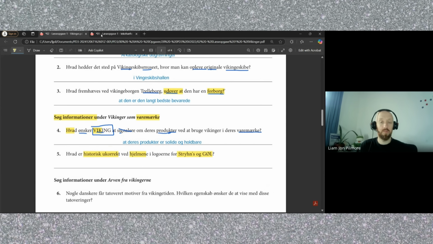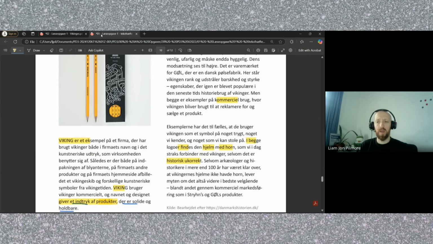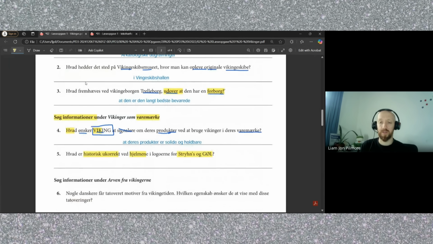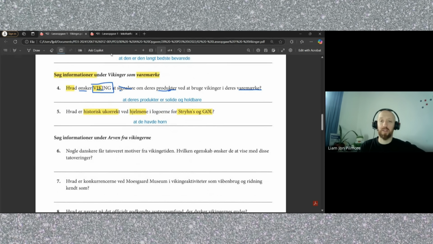Hornene. Yeah, the horns. The horns is basically the answer, right? However you want to write it, hjelm med horn, you can just copy it. Again, it's a little bit unnatural in a sense, but maybe I would write that they had horns. Boom. Perfect.